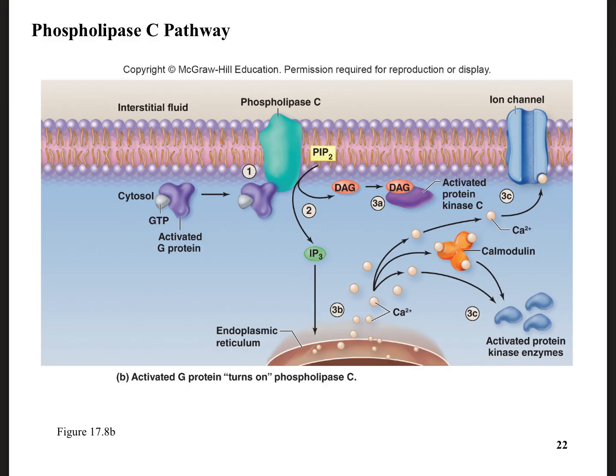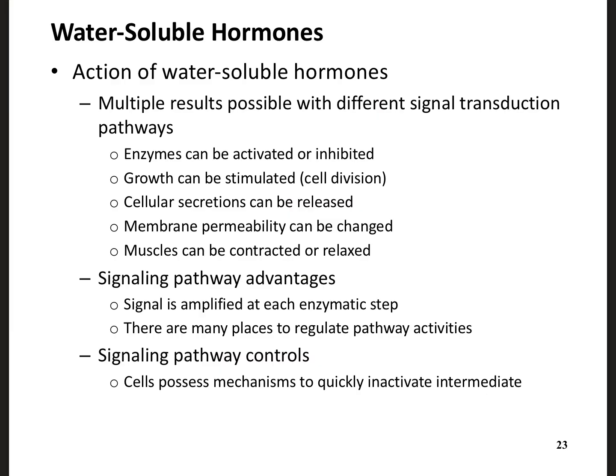So PLC pathway, right? Second messengers, activated protein, right? Amplification is one of the advantages of a signal transduction pathway. We can amplify things. So when we're giving growth hormone to someone, what are some of the outcomes?